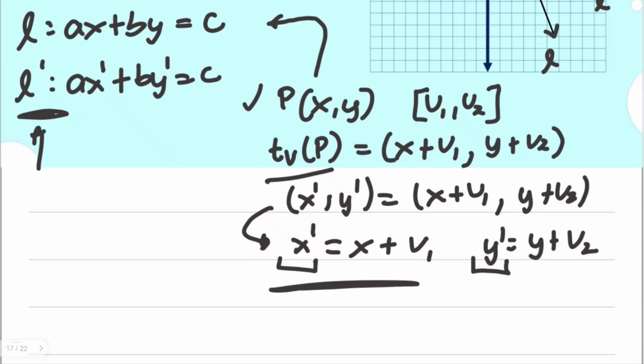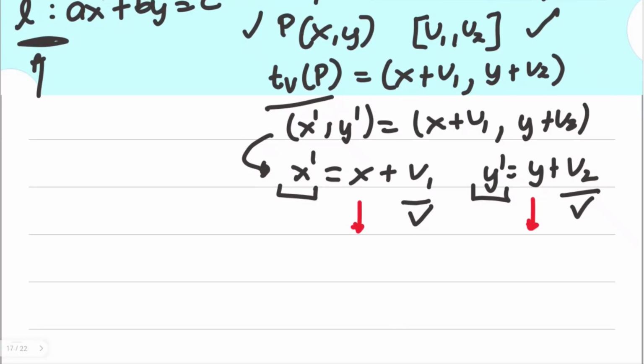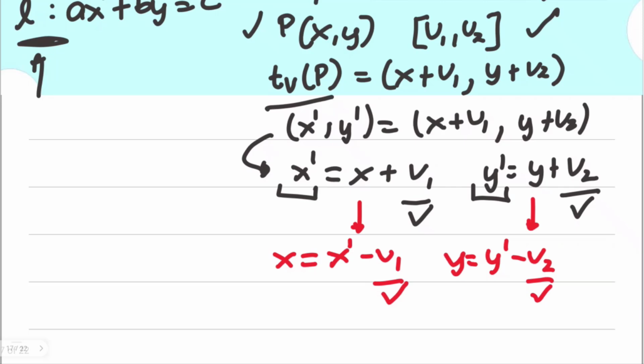You will be given a certain vector later on. In short, this value will be given, and this value will be given. But since x and y represent the coordinates of all points, we can say in this manner that x is x prime minus v sub 1, which would be a specific value, and y is y prime minus v sub 2, which is also a specific value.